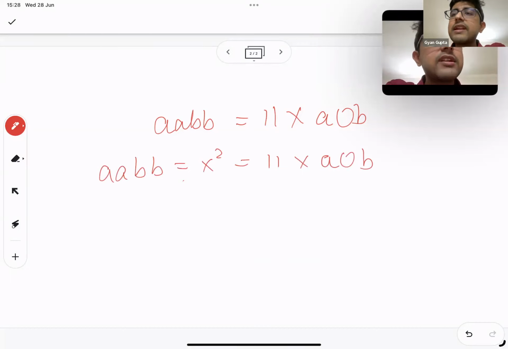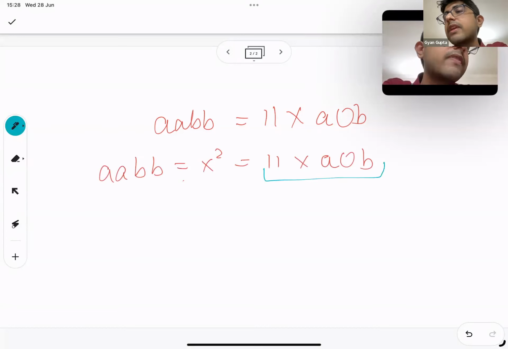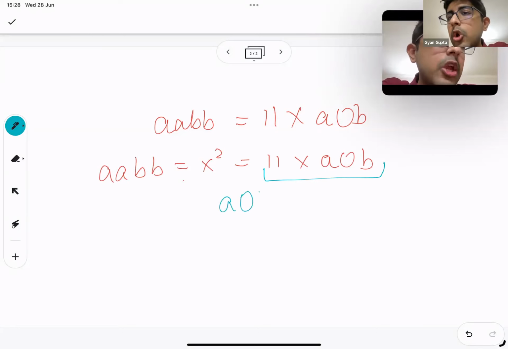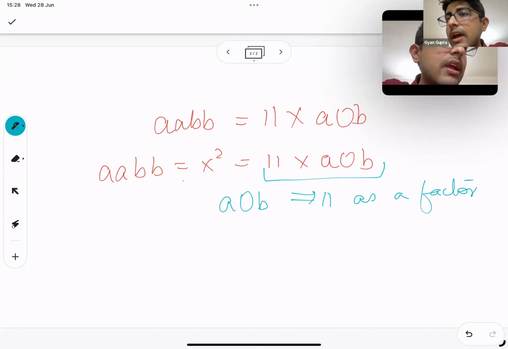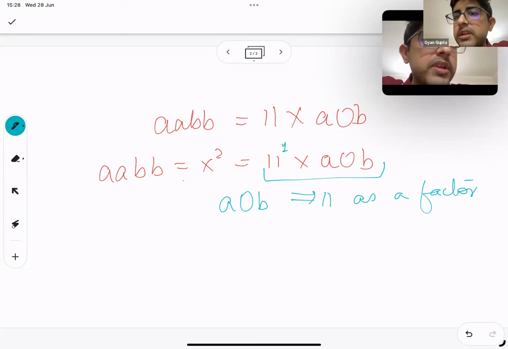Now, by using the next fundamental concept, that since this number is a perfect square, A0B should have 11 as a factor. I have 11 to the power 1 here. So A0B should be written as 11 into some number, let's call it a question mark.